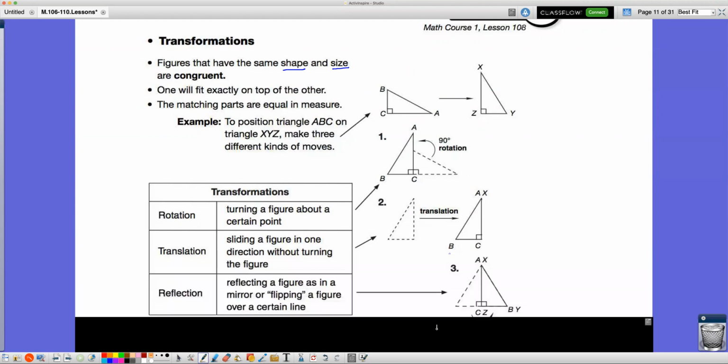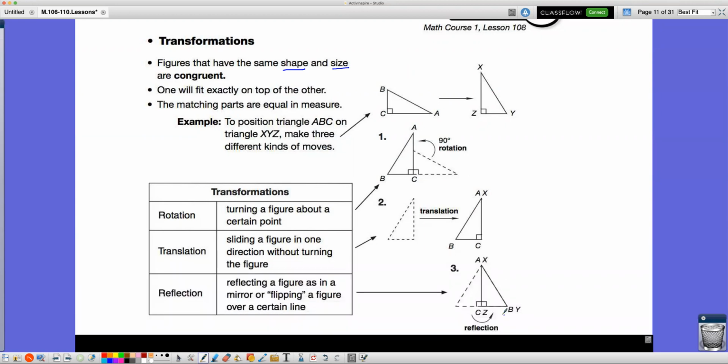And our third step in this particular case would be a reflection. In order to reflect that, we would just flip it on, in this case, the vertical axis. So there are three transformations that you can make: the rotation, translation, or reflection. And not always will you need to do all three of those.